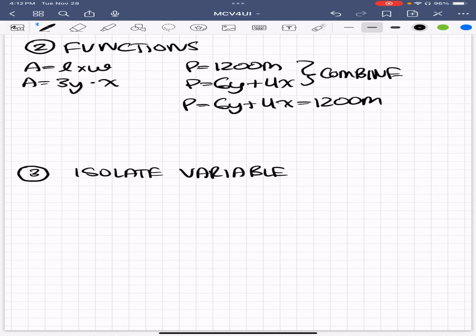So now we are going to isolate y. Using this function here, the helper function, we will isolate y and input the result into this function here.